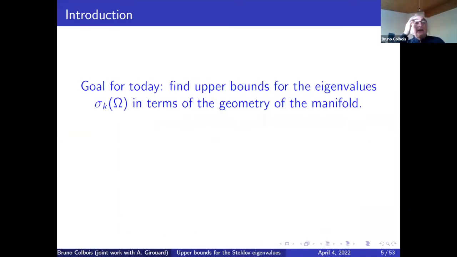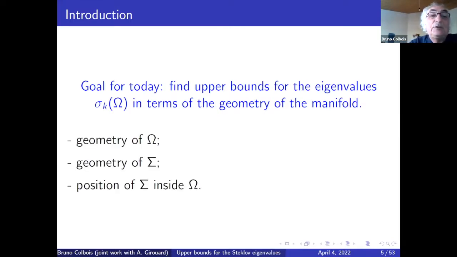So my goal today, as I said, is to find upper bounds with respect to the geometry of the manifold. What I mean by geometry: there is of course the geometry of the whole manifold Omega, but when you see the definition of the Dirichlet-to-Neumann operator, we can think that the boundary will play a specific role.